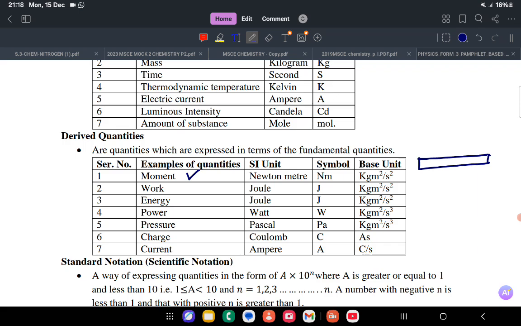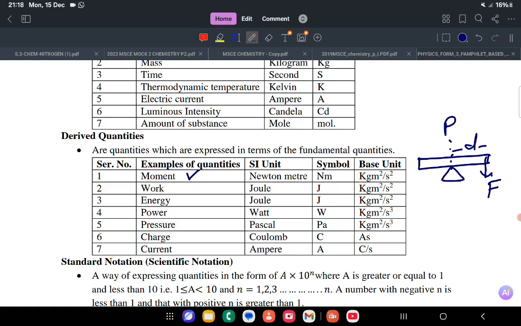Let's suppose that you have a ruler supported at some point. You're holding a ruler, supporting it at some point, which is called the pivot, and you apply a force F at some distance D from the pivot.